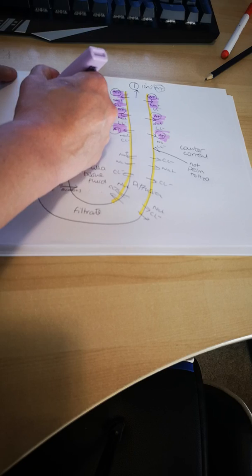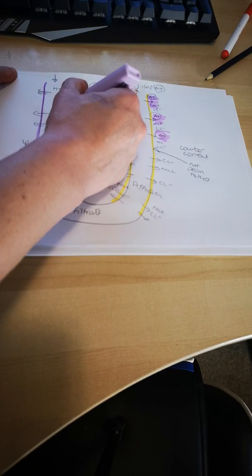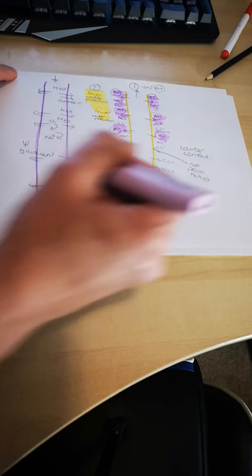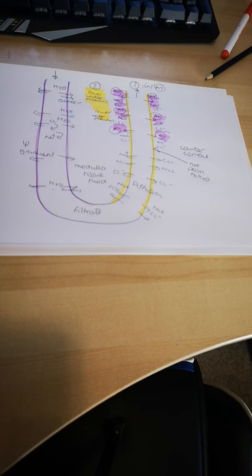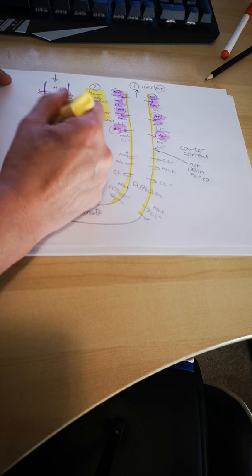The descending limb walls, however, are permeable to water. And the other thing to note is, although the descending limb walls are permeable to water, ions cannot move through them, so they cannot move out. So they're important rules to remember for this to work.